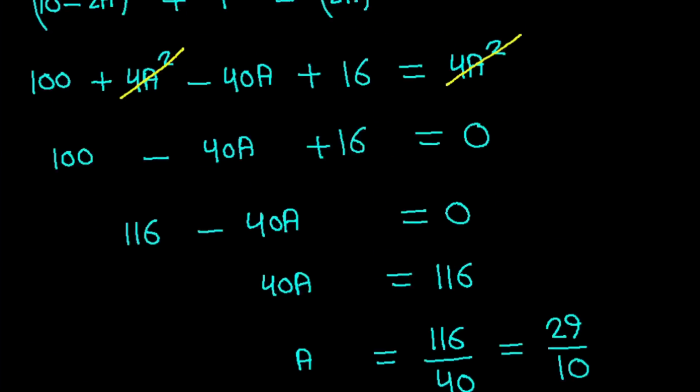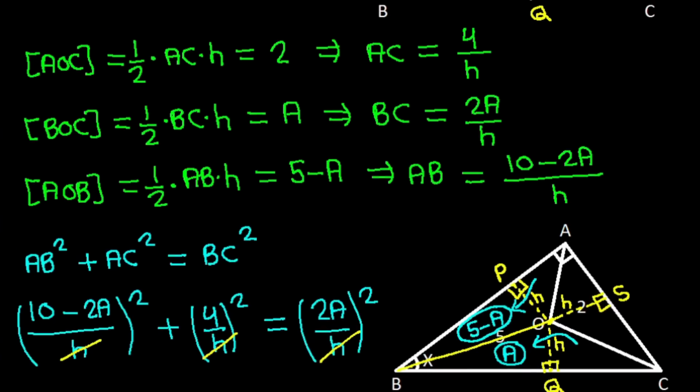And we have AC is 4 over h and BC is 2A over h.